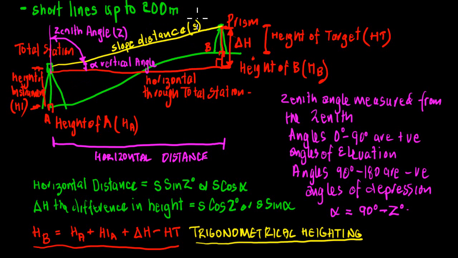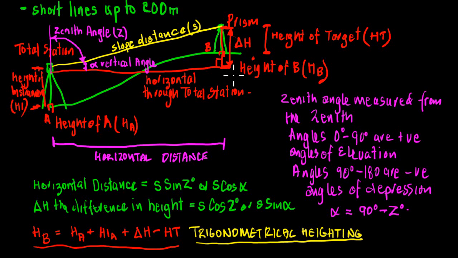And we've also got the slope distance, and from that and the zenith angle, we can work out the horizontal distance between the 2 points, which is usually the distance that we want, although when we are very high we reduce it to sea level, and sometimes we can apply projection corrections. But as these are short distances, we're not too concerned with that. We're just looking at the basics.